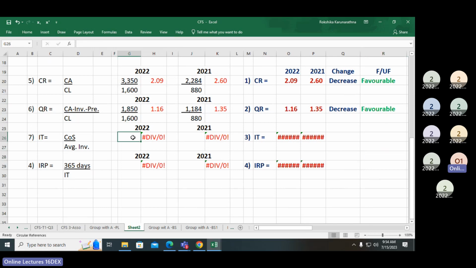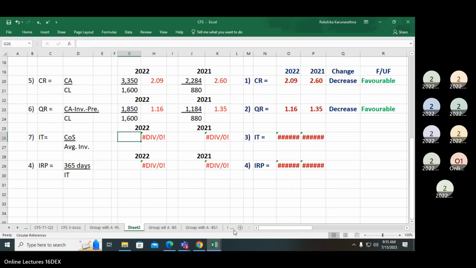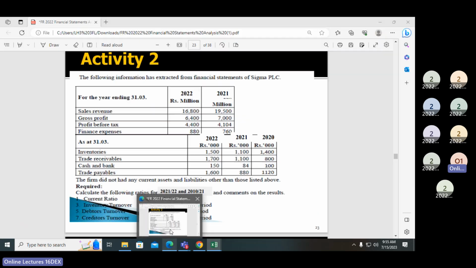Then inventory turnover, cost of sales. Now we have sales and the gross profit. Right? At this level, you know that sales minus cost of sales is gross profit. So from the sales revenue, you deduct gross profit, the difference is the cost of sales. 16,800 minus 6,400. Divide by average inventory. Average inventory කරන්න නම් opening and closing inventory divide by 2.